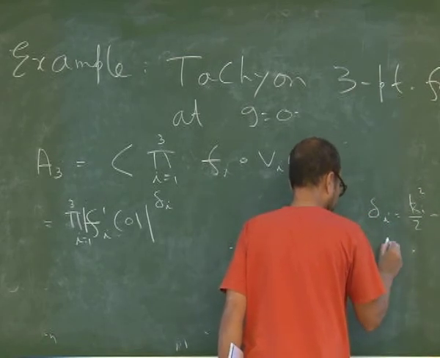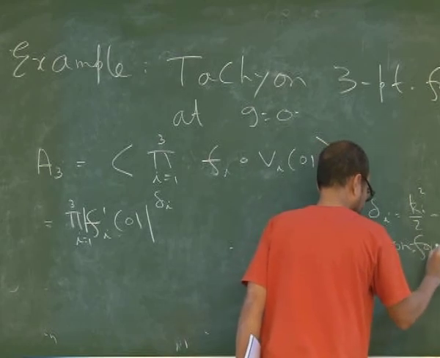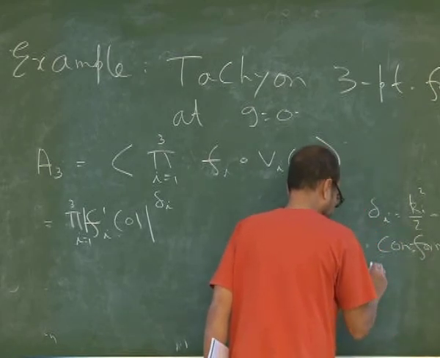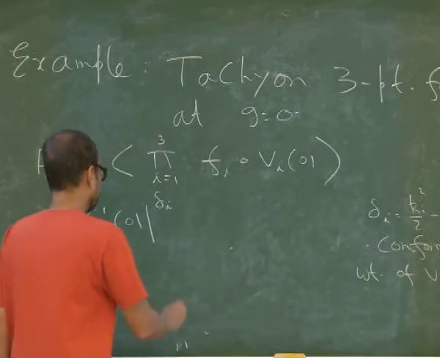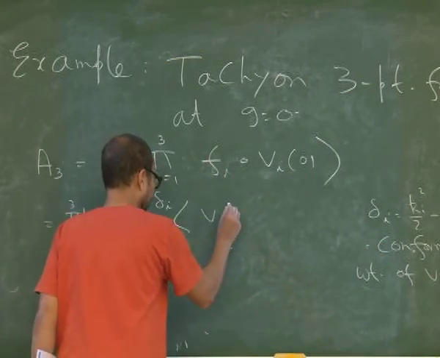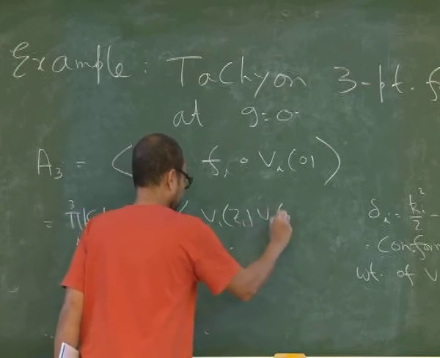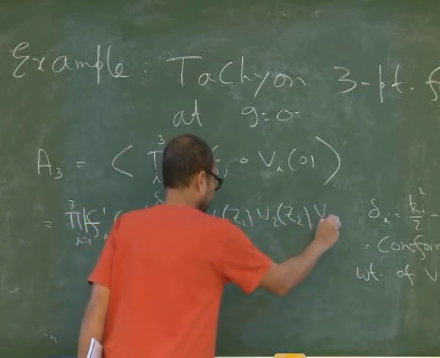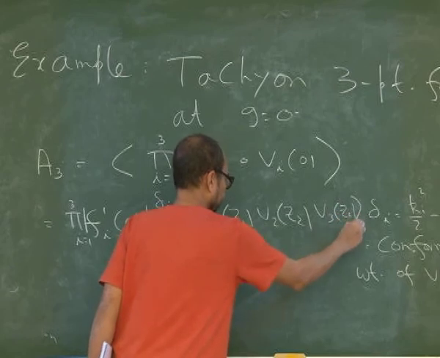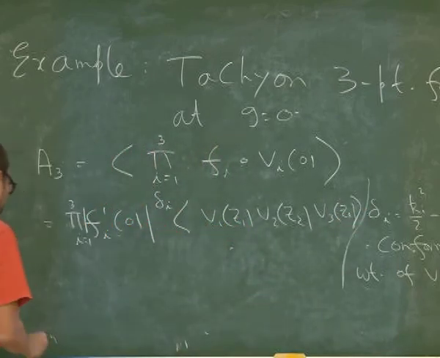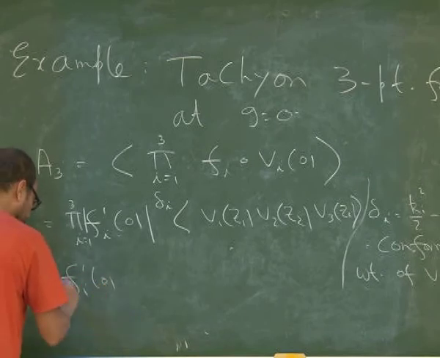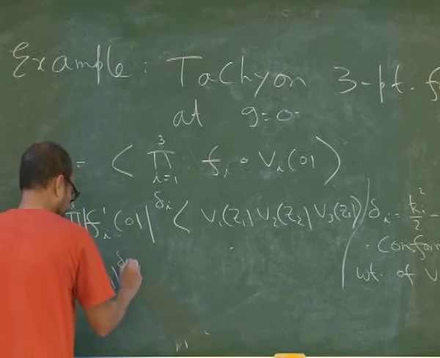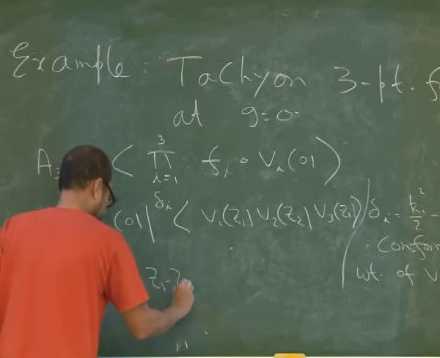This is the conformal weight of V_i, times V_1 of Z_1, V_2 of Z_2. So this is the product, i equal to 1 to 3, of F_i prime of 0 to the power Δ_i, times the Z_1 minus Z_2 factors.